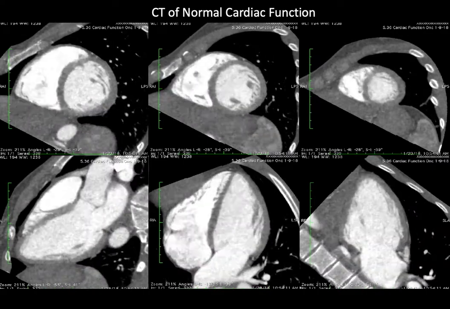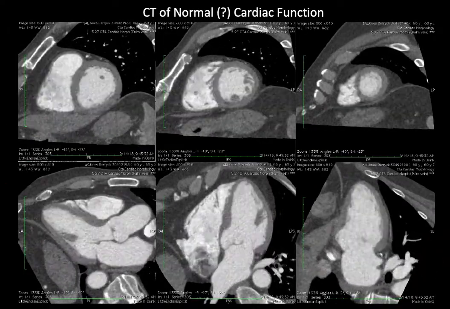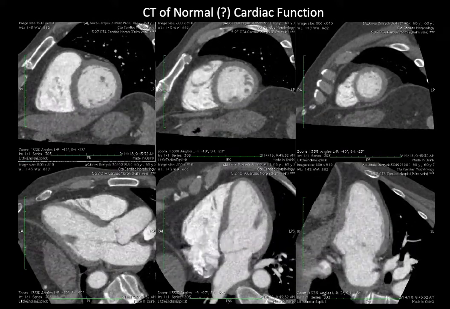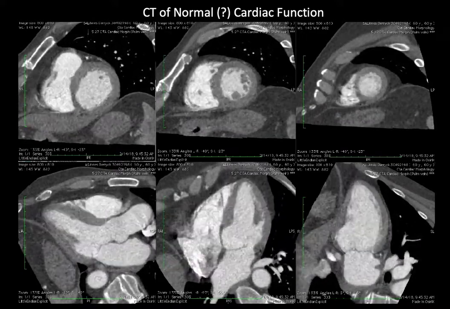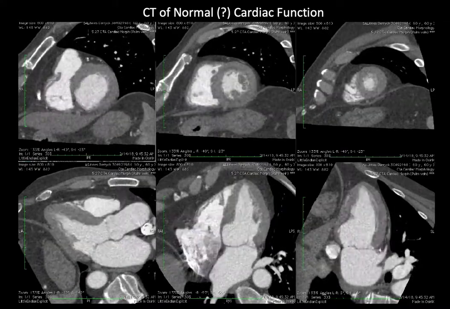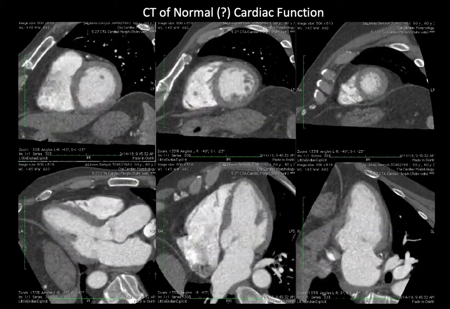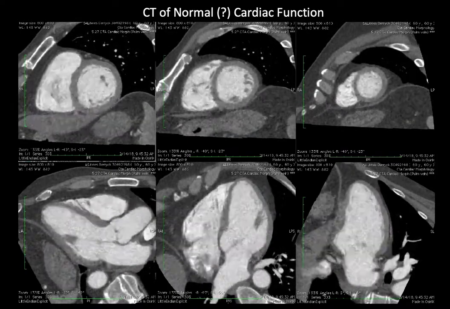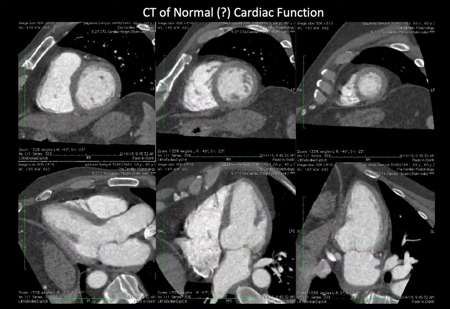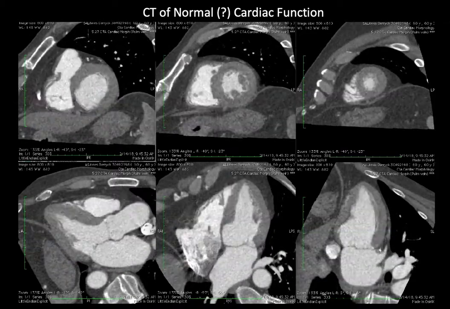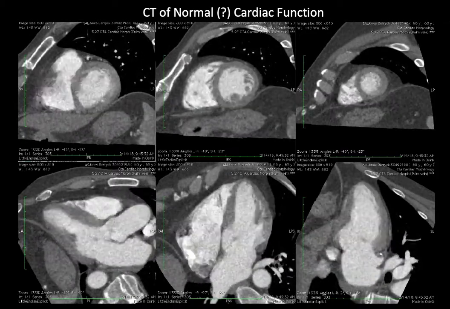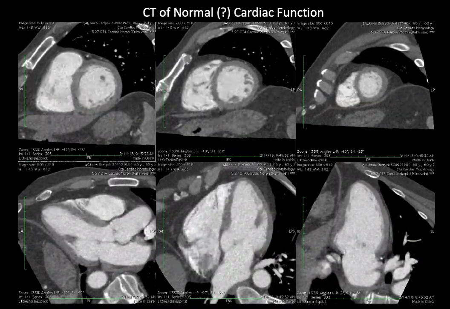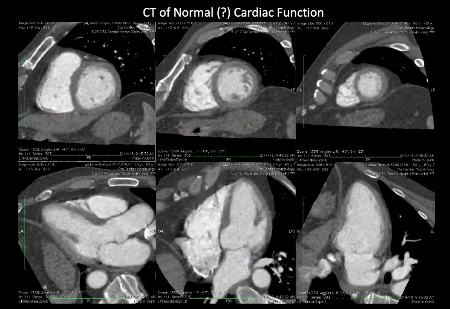So this looks pretty normal. Is this normal? So who spies the abnormality? Everybody? Nobody?